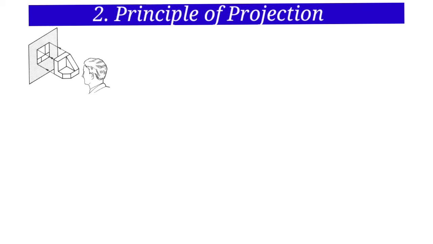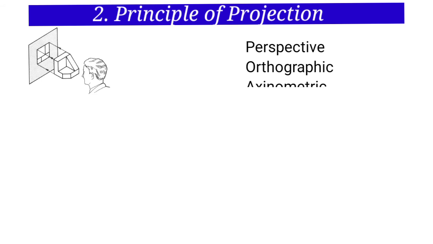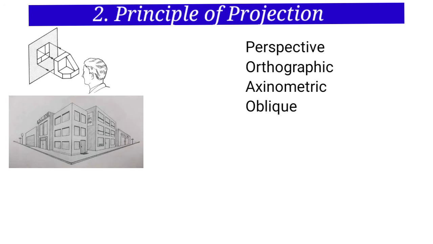Depending upon the orientation of the object, location of the point of sight, and the direction of lines of sight relative to the picture plane, different types of projections, that is perspective, parallel, orthographic, axonometric, oblique, etc. can be obtained.